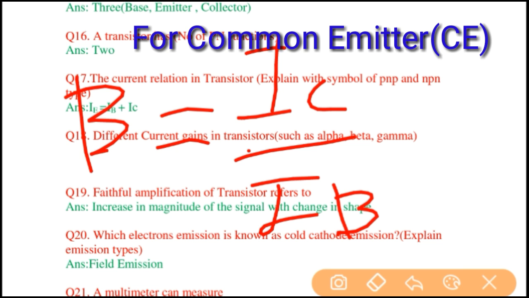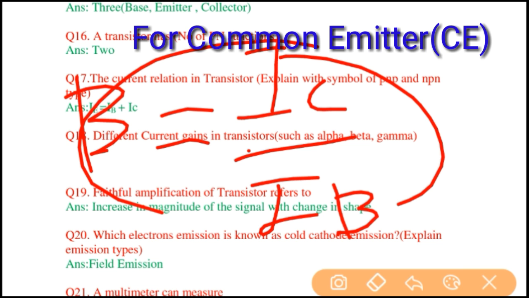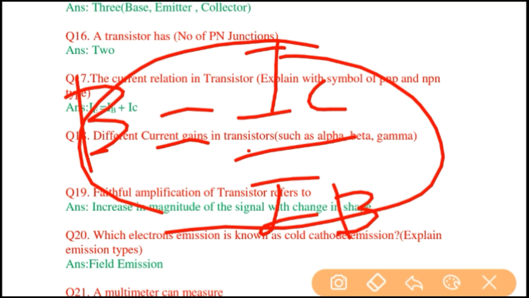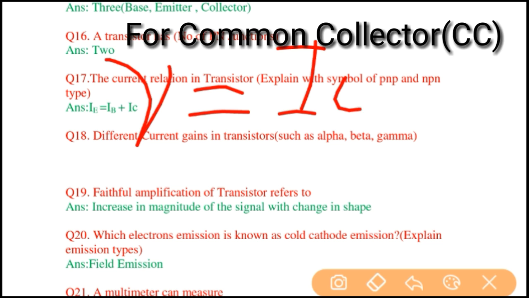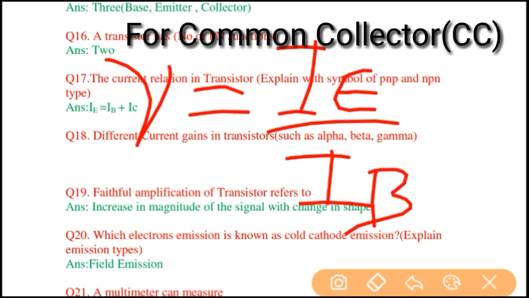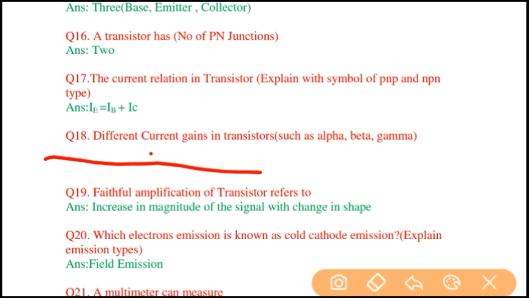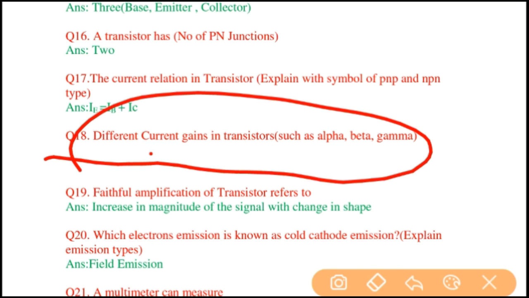Beta is the ratio between collector current and base current. Similarly, gamma equals the ratio between IE and IB, that is emitter current to base current. So here I have explained alpha, beta and gamma.